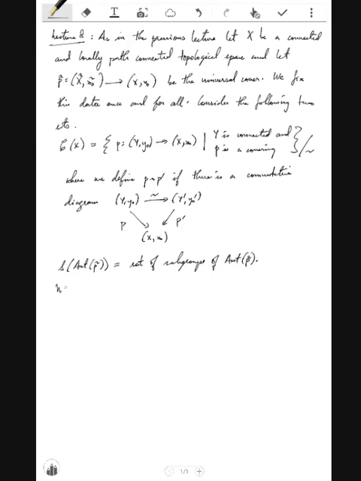So we first define two maps. We have phi from C of X to S of Aut p tilde, and psi from S of Aut p tilde to C of X.